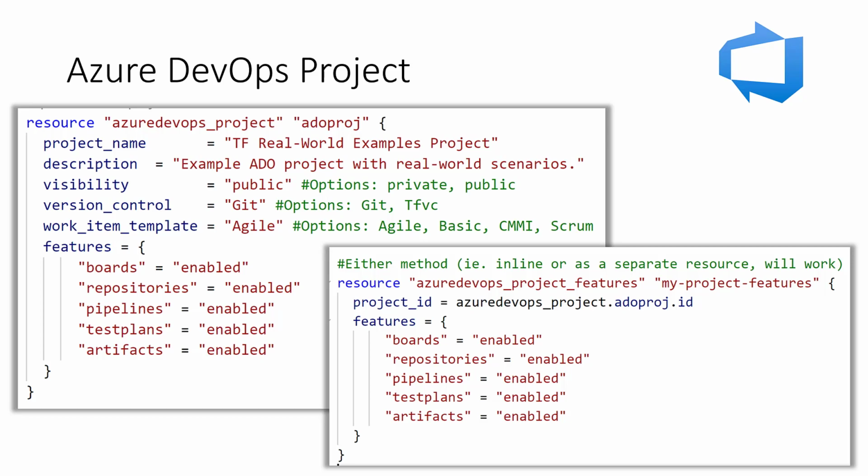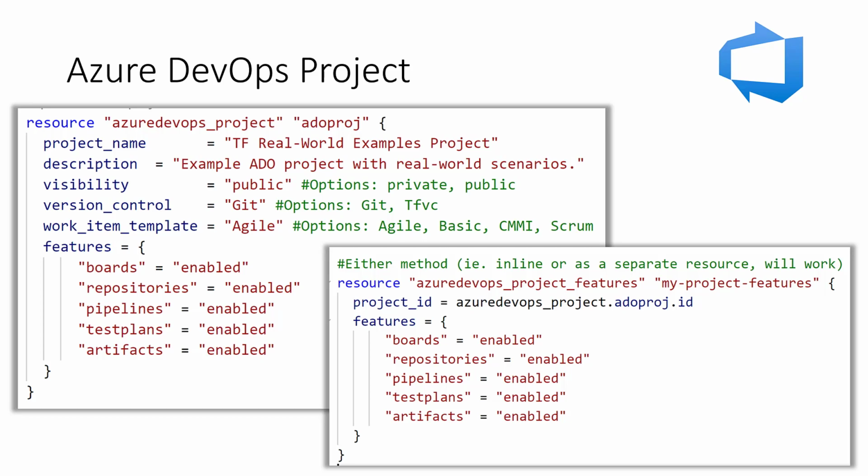Now notice the other screenshot on this slide. We can either declare the feature set for the project within the Azure DevOps project resource object, or we can create a separate resource block specific for Azure DevOps project features. Both options will work. You obviously can't use them at the same time, but both ways will work.